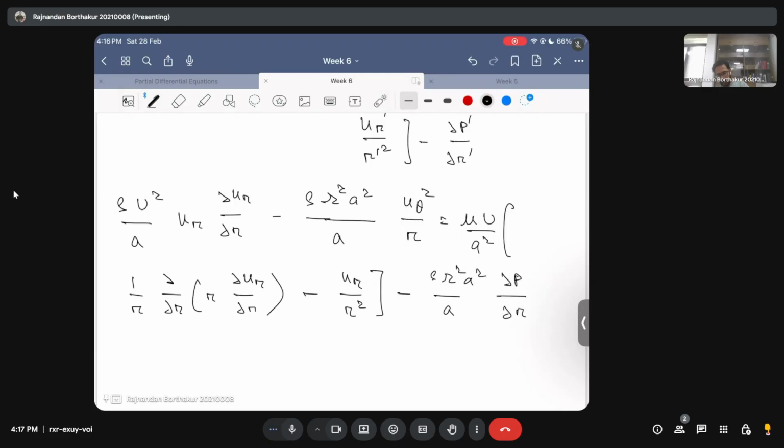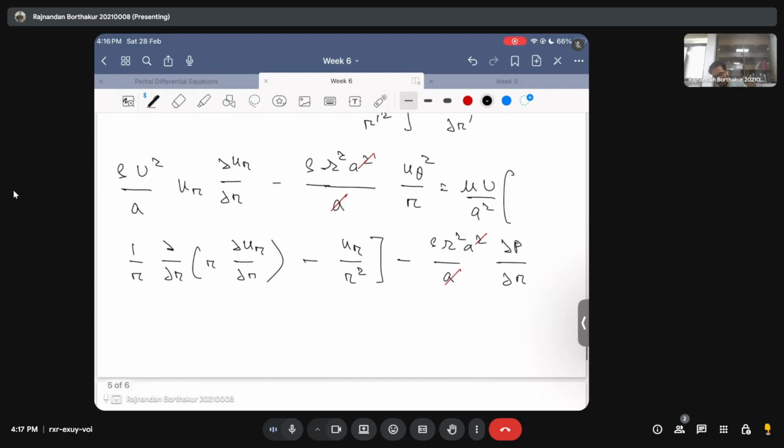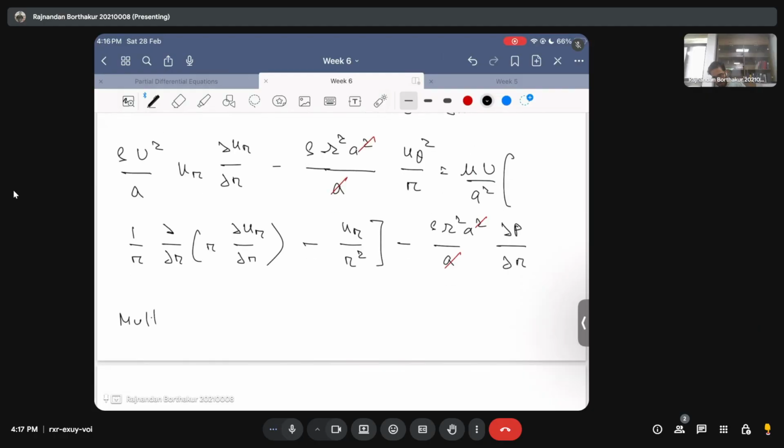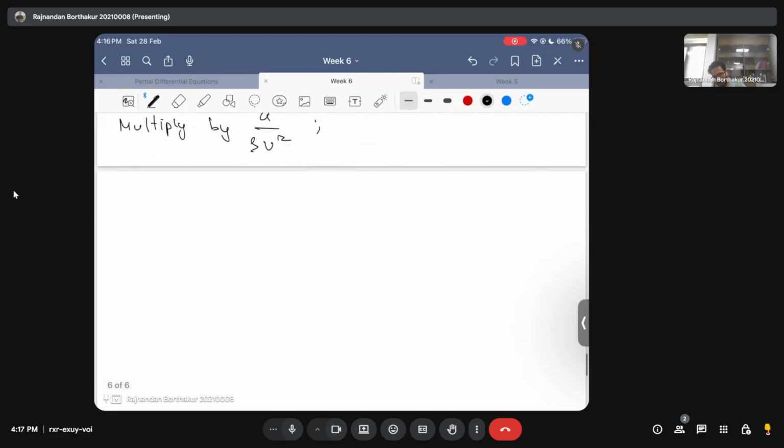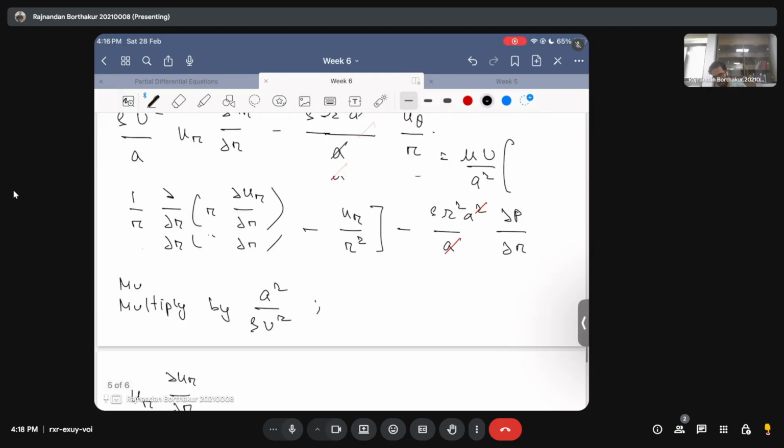Okay, all right, let's do some simplification. For instance, I can cancel an a here, and I can cancel an a here. And then I'll multiply the entire equation by the reciprocal of this quantity, which is a squared by rho u squared. If I do that, the coefficient of ur del ur by del r will become 1. This is ur del ur by del r. Fine.